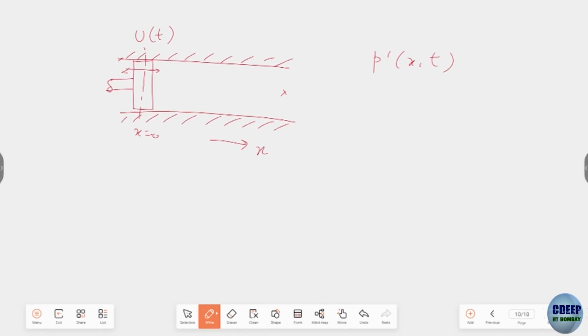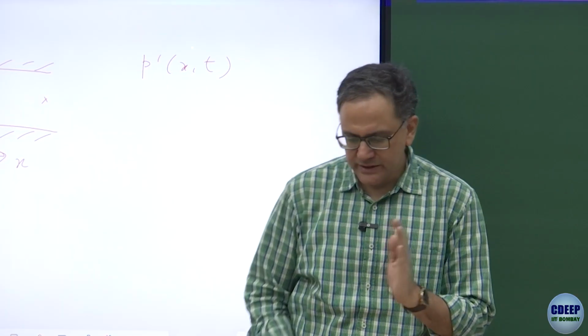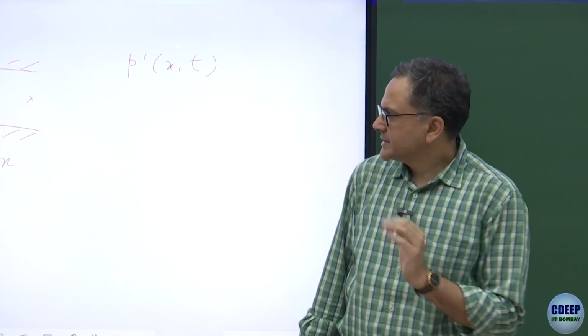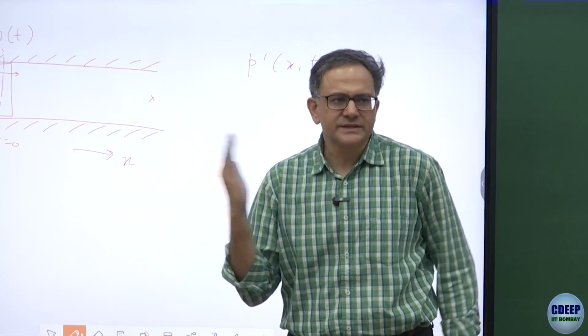So x is increasing rightward. Again, x equal to 0 is the nominal location of this piston about which it is making arbitrary motion, not with a single frequency, nothing like that, just the nominal location is there.